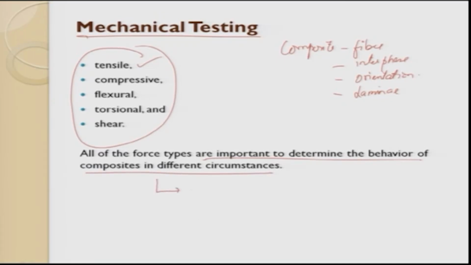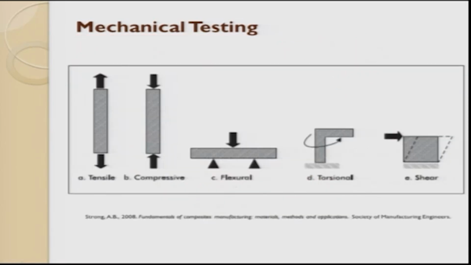As I said, no single loading happens when a product is put in usage. There will always be multiple loads, and the weightage of each load also changes. This is why it is important to do all the tests.